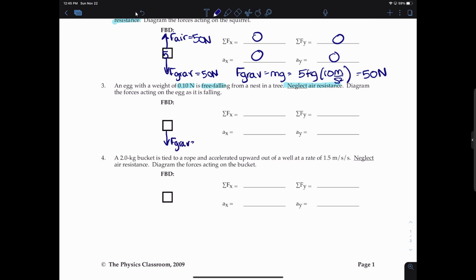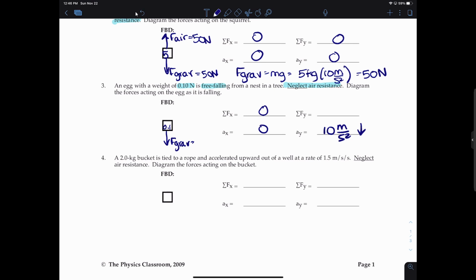We know that it is 0.1. We don't use air resistance, so this is the only force we have acting on this. And because it's free falling, we know that we're going to have the acceleration due to gravity acting on it. So it is going to be 10 meters per second squared down, and there's nothing in the x direction.